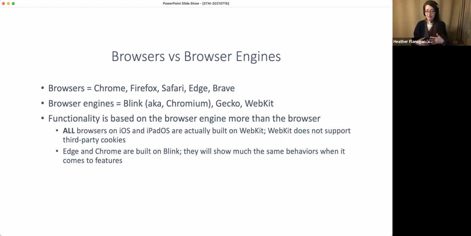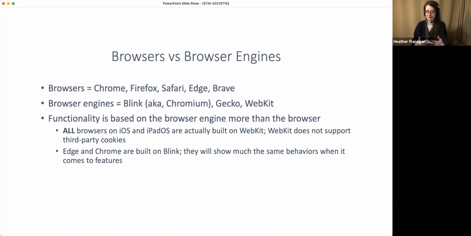So the behavior for how they handle tracking is actually defined in the browser engine. So Chrome on your desktop uses Chromium. Chrome on your iPadOS or iOS device uses WebKit. So you can't always speak to here's what Chrome does because it depends.